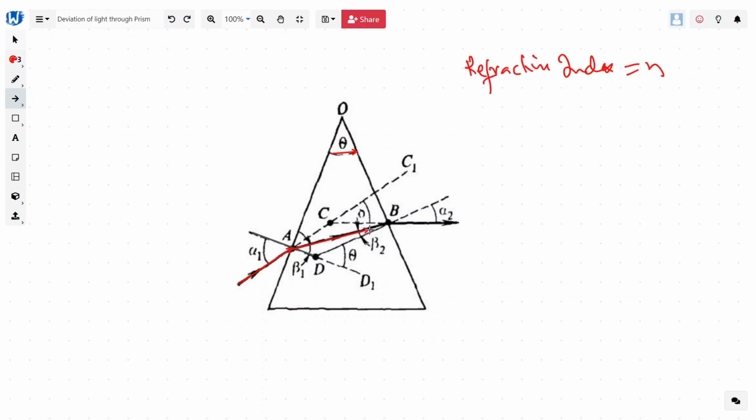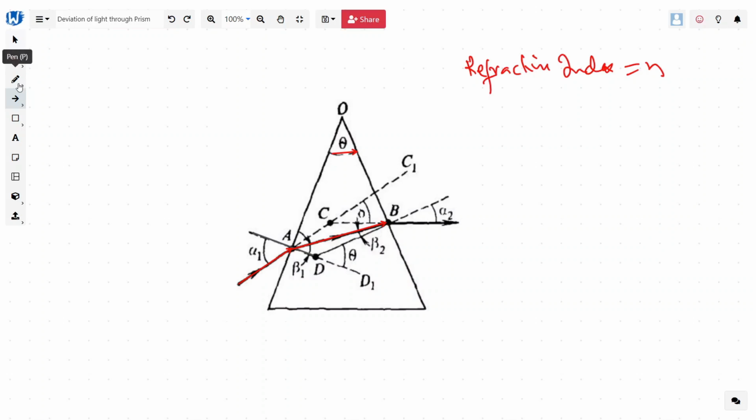When it reaches point B, it is going to enter a lighter medium. This is a denser medium, glass, and this is air.